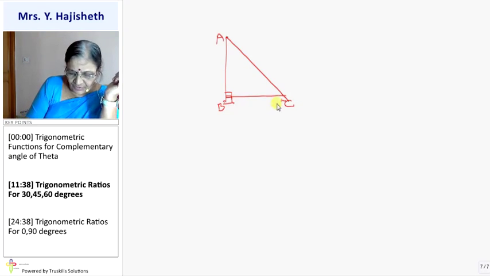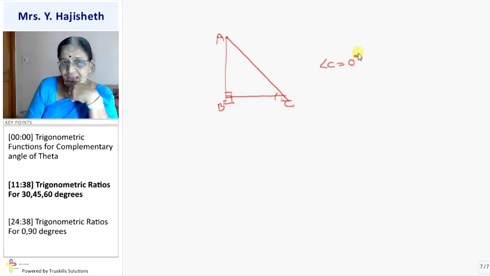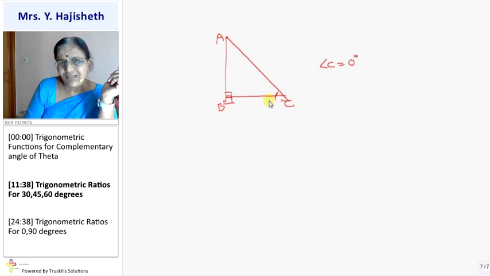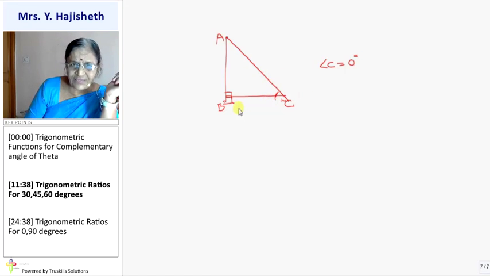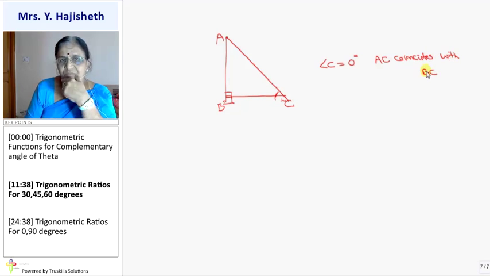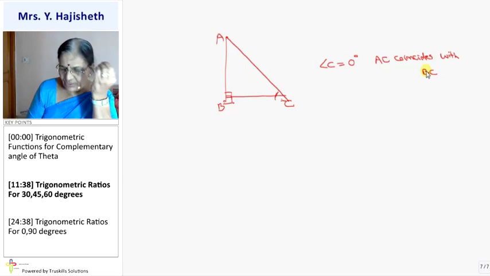Now, if this angle C is equal to 0 degree, then angle C can be 0 degree if my AC coincide with BC. Then my angle C is 0 degree, okay?